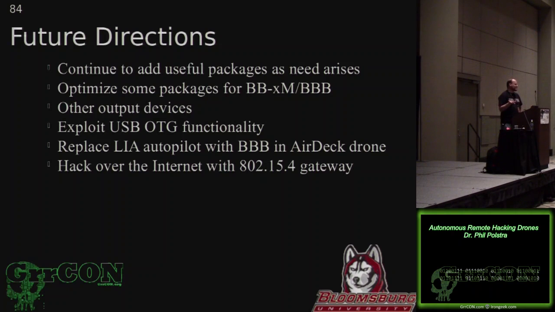A real simple way to use that, you just take it, you put it in the proximity of your target, hopefully by someone's open Wi-Fi, right? So you connect to their open Wi-Fi, you connect to the XBee drones, right? And then you don't have to be a couple miles away. You could be in another country, except for Canada, because who would want to go there, right? So that's something else that I've been working on, right?